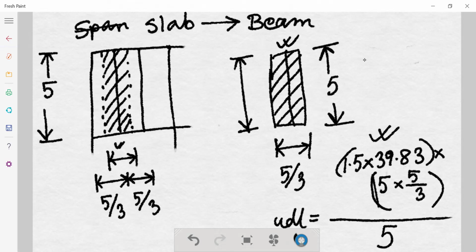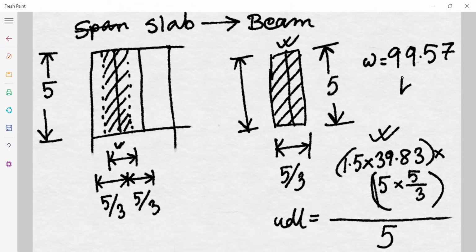So UDL, I consider it as W. Just calculate it. 5 into 0.83 into 1.5 into 39.83. It's 99.57 per meter.